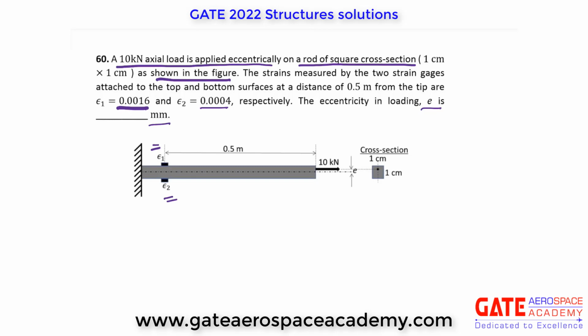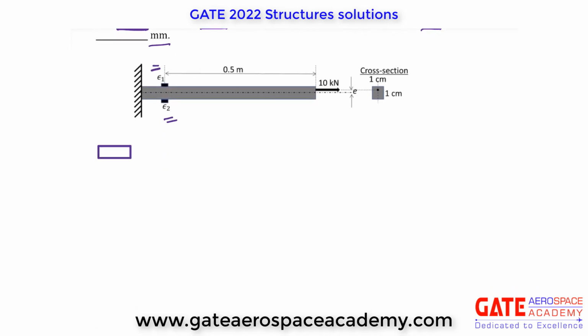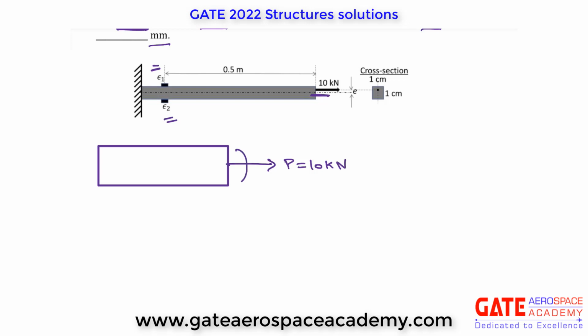So load is not applied at center, it is applied at some eccentric distance from the center, right? So let's shift this load to the center. When we shift this load to the center, let's say load P is equal to 10 kilonewton. Then one moment will also come, because here it is not acting at center.